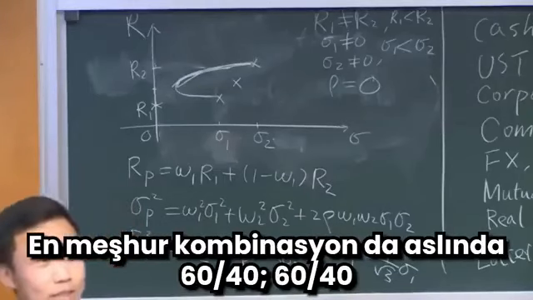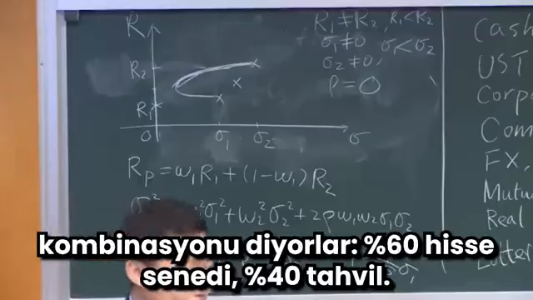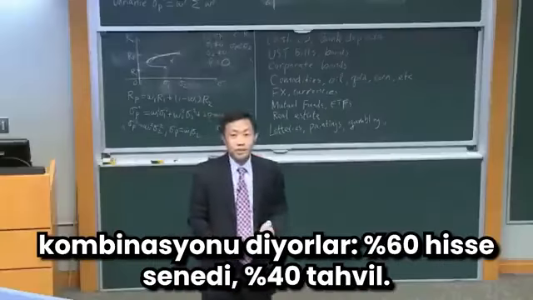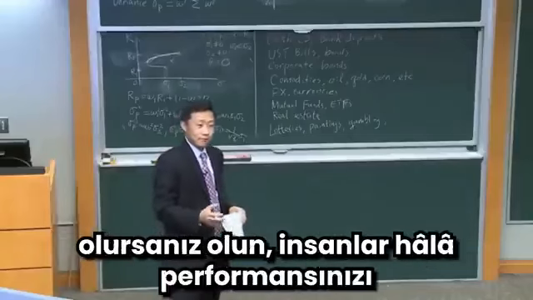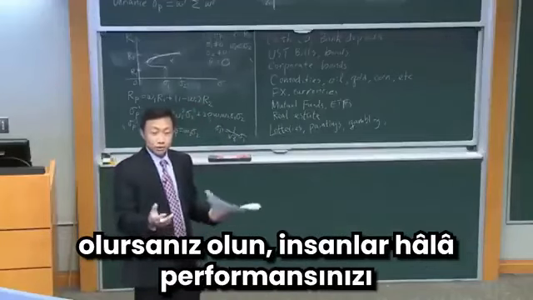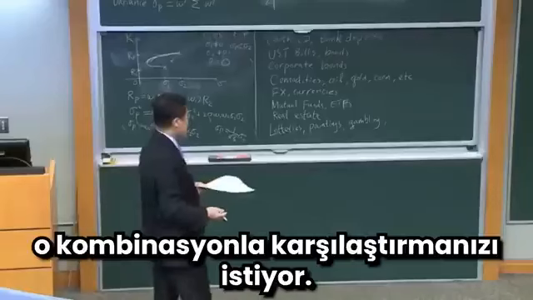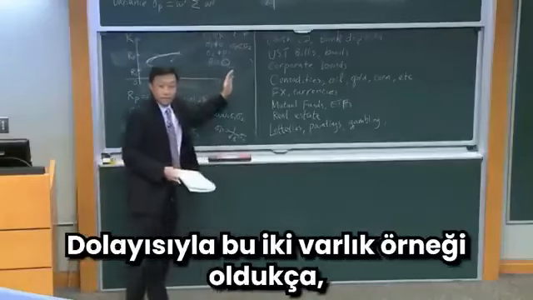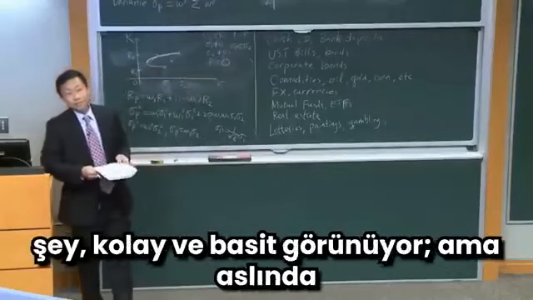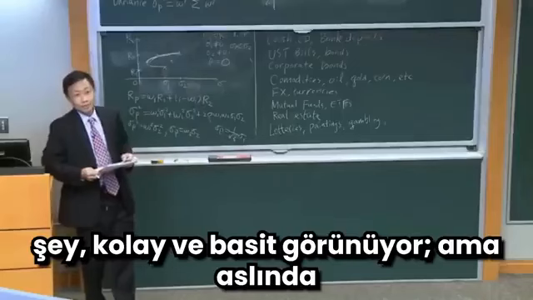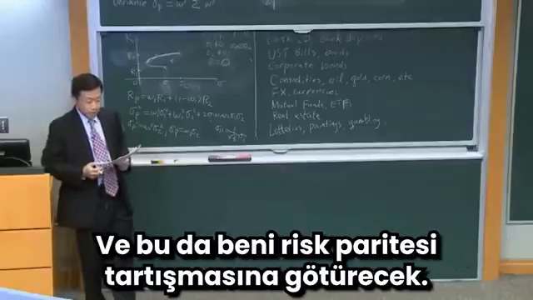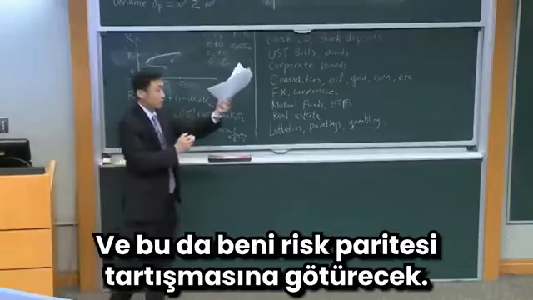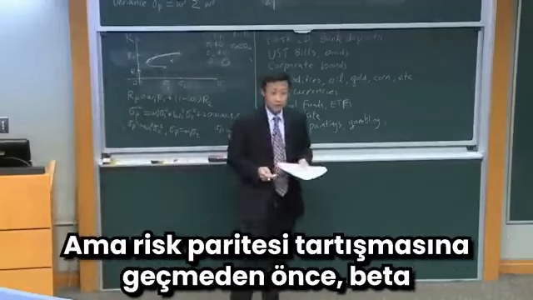One famous combination is 60-40, 60% in equity, 40% in bonds. Even nowadays, any fund manager is still asked to compare performance with that combination. So the 2 asset examples seem quite easy and simple, but it's a very important one to compare. And that will lead me to the risk parity discussion.